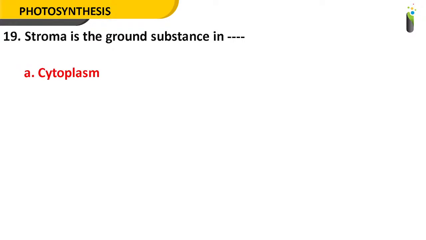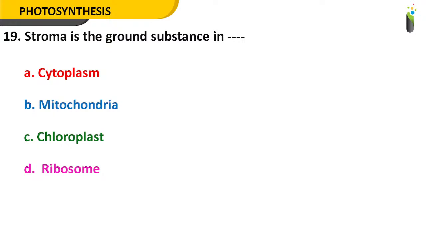A. Cytoplasm. B. Mitochondria. C. Chloroplast. D. Ribosome. The perfect answer for this question is C. Stroma is the ground substance in the chloroplast.